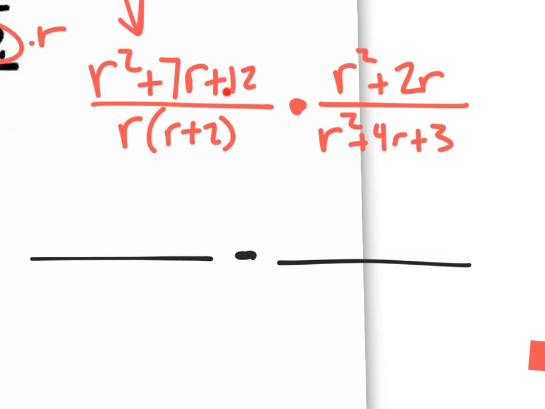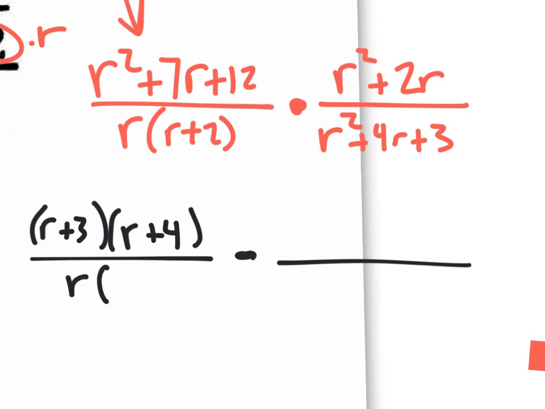This top quadratic trinomial, we could rewrite it as the parentheses with the r, and we need to think what times what is 12 that if I combine together is 7? 3 and 4, so positive 3, positive 4, right? That's factored. The denominator was already factored from the LCD that we did on that problem. And the numerator up here, what could I factor out?